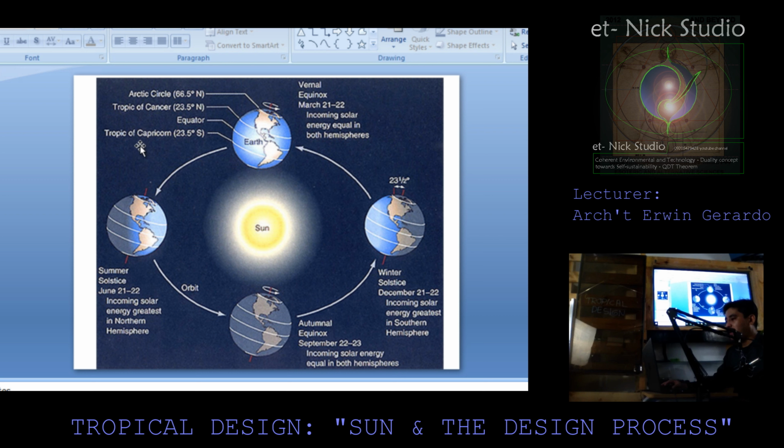So here the Arctic Circle at 66.5 degrees north, and the Tropic of Cancer is 23.5 degrees north of the equator. So when you say equator, it is actually found at the center of our planet. So the Tropic of Cancer, or should you say of Capricorn, is 23.5 degrees found at the south side, which is actually found at this region, southern region.